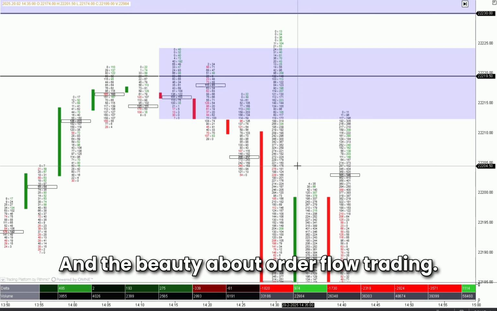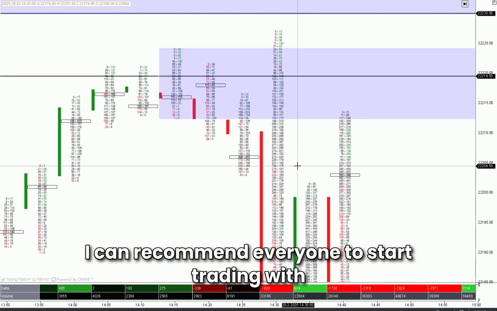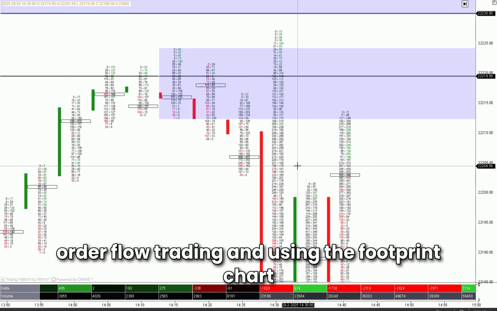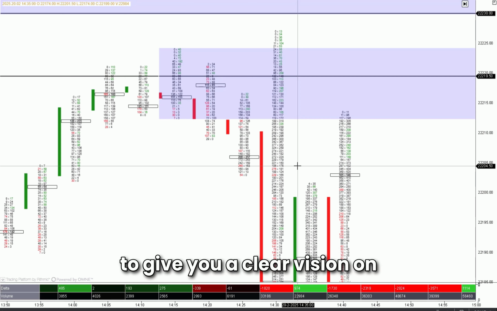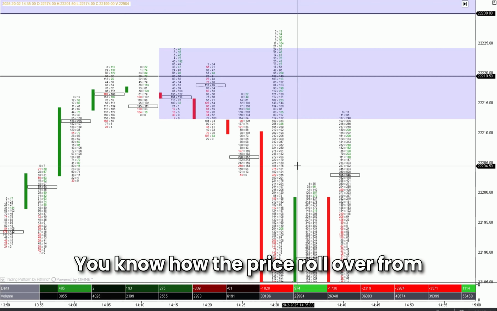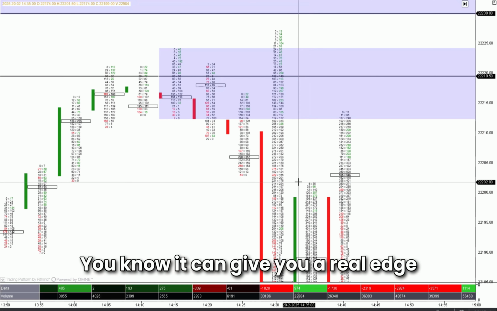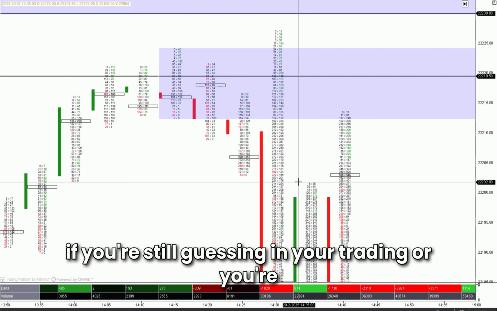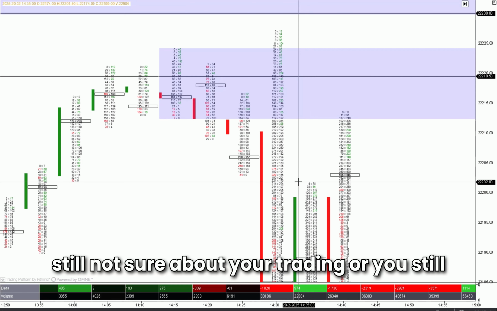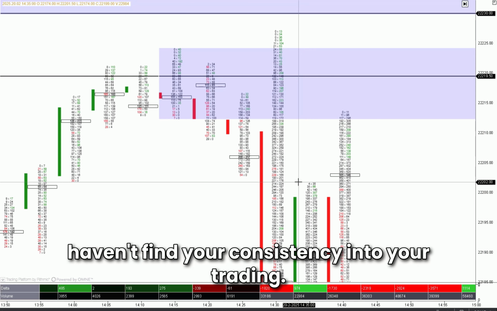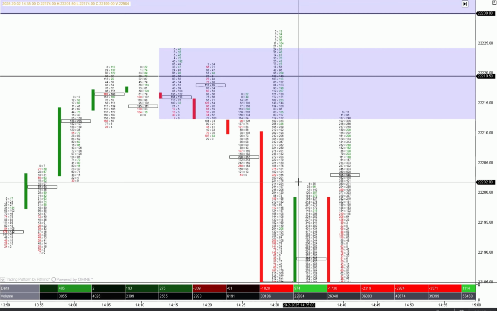And the beauty about order flow trading, I can recommend everyone to start trading with order flow and using the footprint chart to give you a clear vision on how the price rolls over from buying to selling and selling into buying. It can give you a real edge if you're still guessing in your trading, or you're still not sure about your trading, or you still haven't found consistency in your trading.